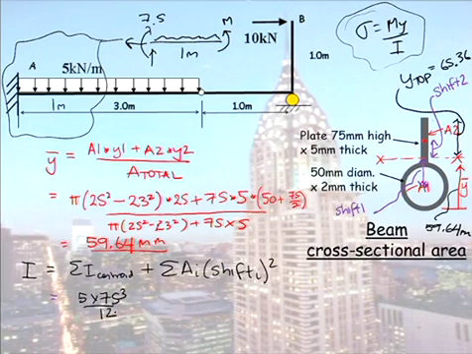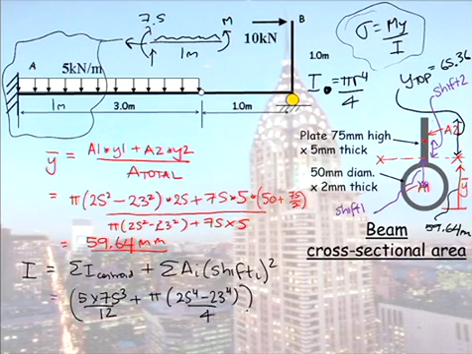And for a circle, I for a circle is pi r to the 4th on 4, if you've forgotten. So for this shape here, because it's a hollow circle, it would be 25 to the power of 4 minus 23 to the power of 4 divided by 4. So this is a sum of all the moments of inertia about their own centroid.